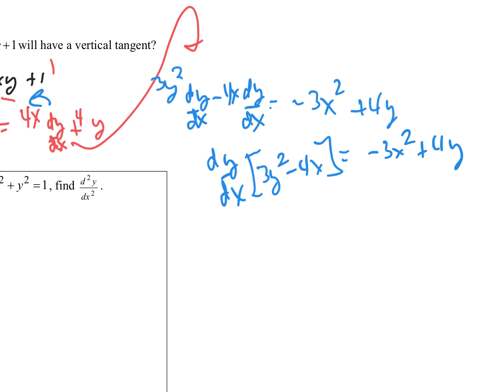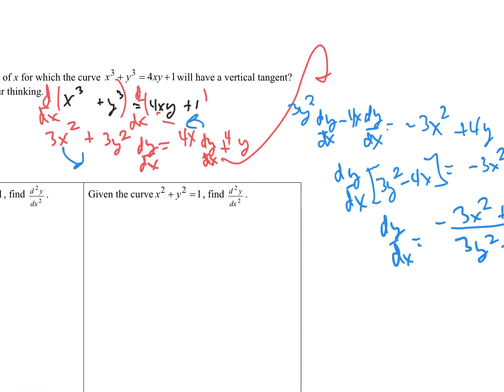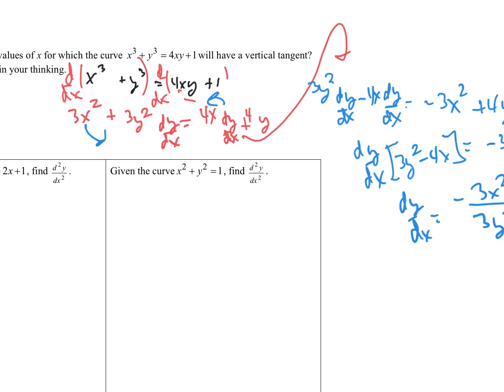I already pulled dy/dx equals negative 3x squared plus 4y, all divided by 3y squared minus 4x. The whole question they were asking was, in terms of y, describe the values for x which would make this have a vertical tangent.